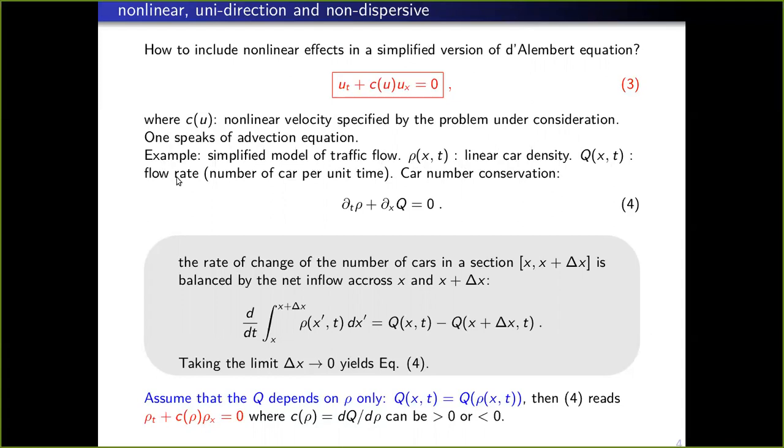So it's the flow rate, it's the number of cars per unit time that pass at x and at time t. And the conservation of the number of cars is given by this equation there, which is really equivalent to the conservation of charge, for instance, in electrodynamics. It's d rho dt plus dx q equals 0.